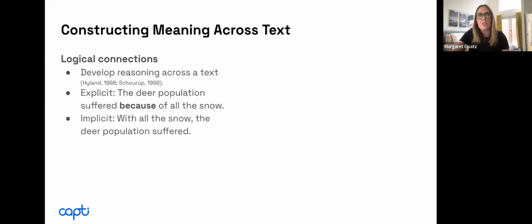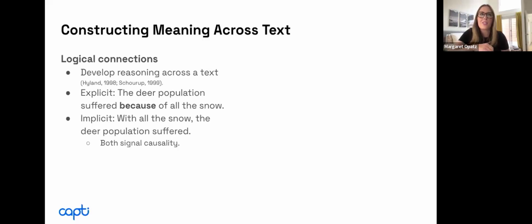So here it's just the construction of the sentence: With all the snow, the deer population suffered. It's important to note that both of these are signaling causality, but the second, the implicit relationship within the sentence, is harder to understand for students, and they have to be taught that there is a difference.